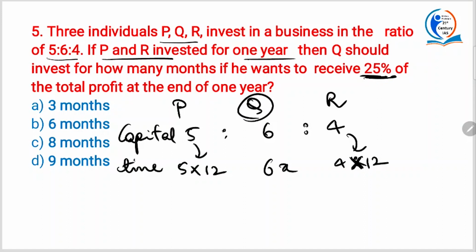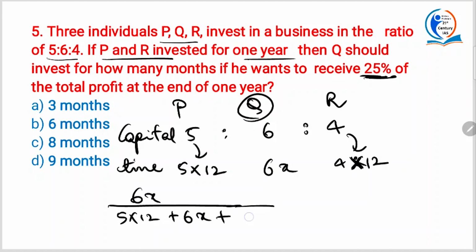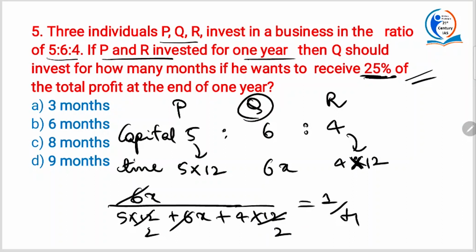So Q's share of profit will be equal to 6x by (5 into 12 plus 6x plus 4 into 12), and this is equal to 25%. In fraction form, what is 25%? It is 1 by 4. Now, what will it become?